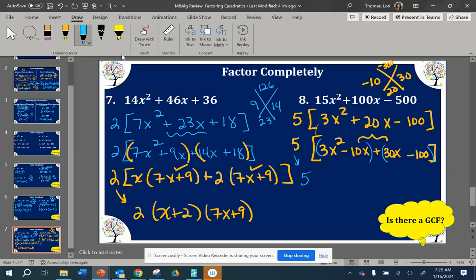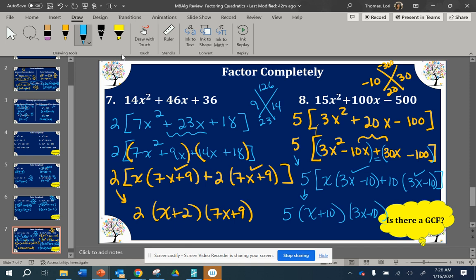And our GCF from our first binomial is simply x, and we have 3x minus 10 plus, don't forget your operator here, and then we can factor out a 10 from these two terms, and we get 3x minus 10. Again, checking ourselves, these are the same. So we have a factor of 5, a factor of x plus 10, and a factor of 3x minus 10.